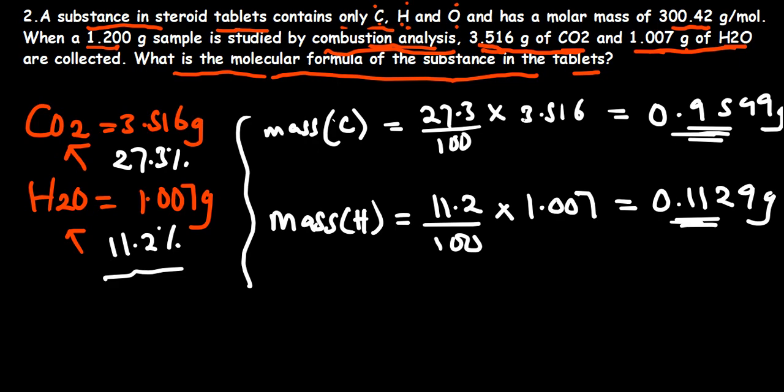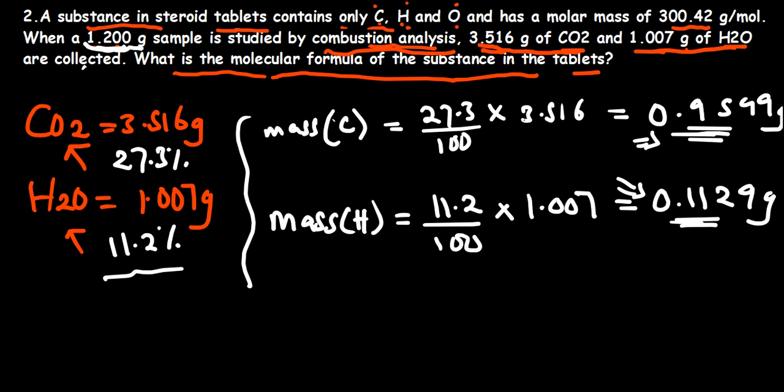And then how can we find the mass of oxygen? Remember, we just use the total here. This whole substance has a total of 1.2 grams. So in this 1.2 grams we have this mass of carbon and this mass of hydrogen.